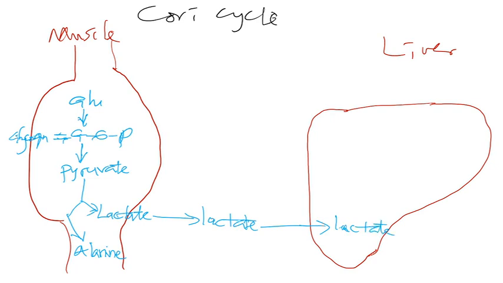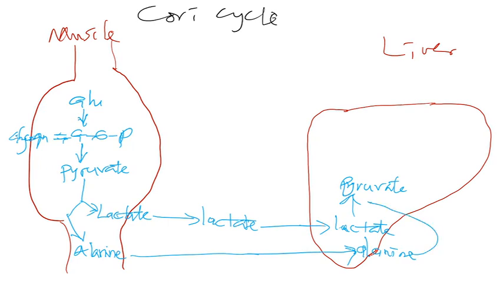Once in the liver, the lactate is converted to pyruvate. The alanine also can be transported in the blood to the liver, where it can be deaminated to form pyruvate.